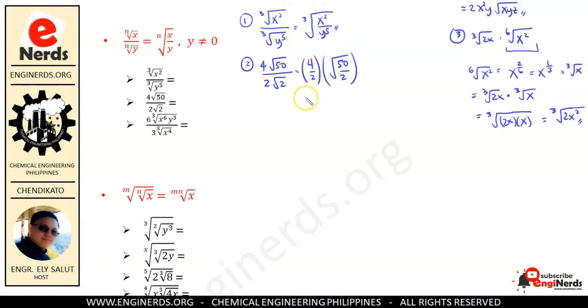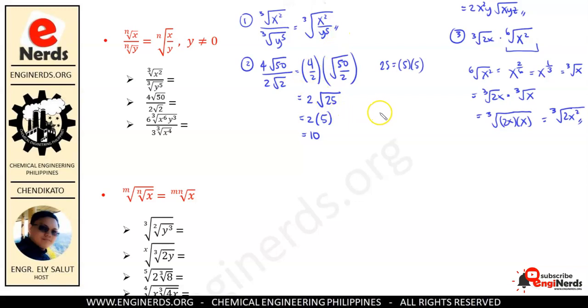So this is equal to 4 divided by 2 is equal to 2. And then square root of 50 divided by 2 is equal to 25. And we know that 25 is equal to 5 times 5. Therefore, the square root of 25 is equal to 5. So we have here 2 times 5. So our answer here will be 10.